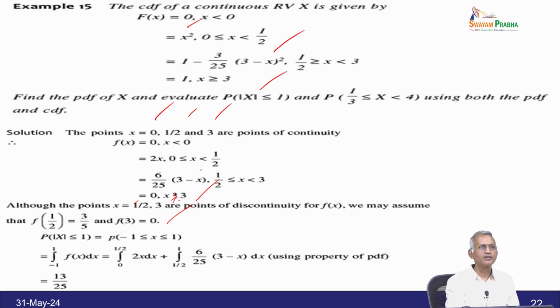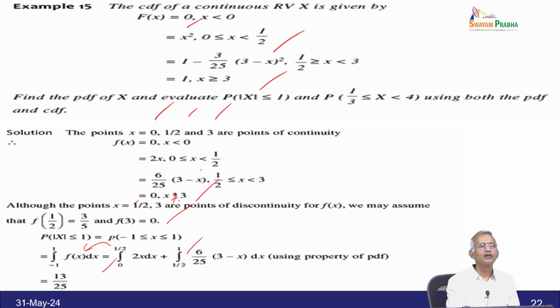So, according to these ideas, the probability is the integral from minus 1 to 1 of f of x dx, and since x lies between minus 1 and 1, we split it into 0 to half and half to 1.